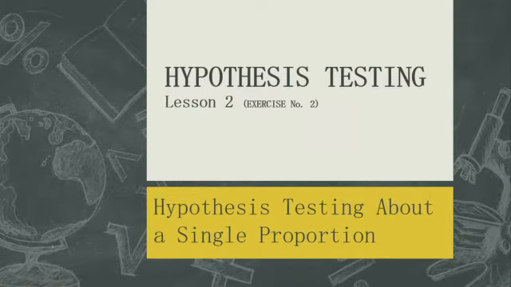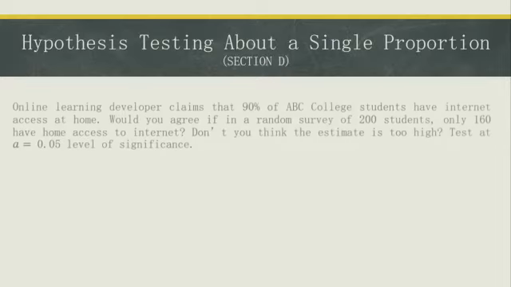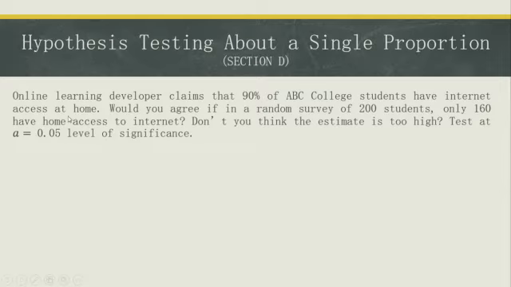Sa exercises number 2 po, hypothesis testing about single proportion. So, an online learning developer claims that 90% of ABC college students have internet access at home. Would you agree if in a random survey of 200 students, only 160 have home access to internet?